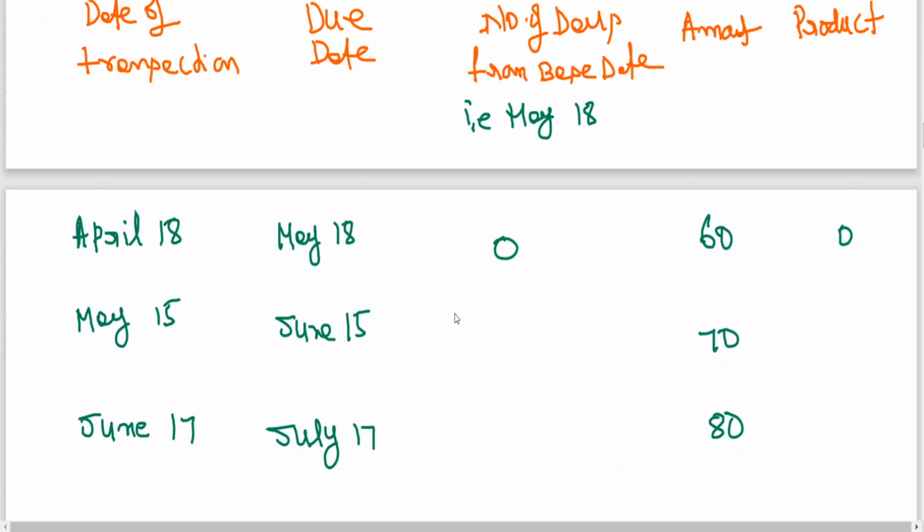Now June 15, May 18: balance of days in May, 31 minus 18, 13, no, plus June 15, it is coming to 28 days. Now 28 days into 70, you are getting 1960.